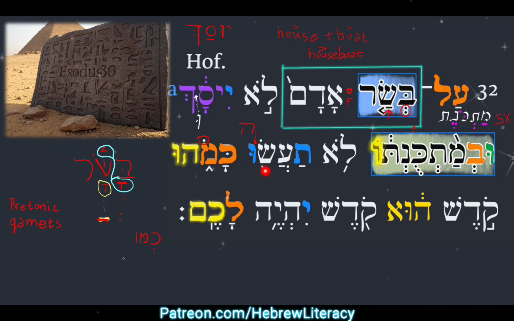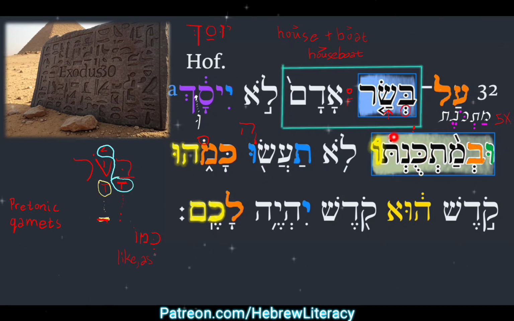Kamohu is like or as. You might know the famous Debbie Friedman melody. Mi kamocha ba'elim Adonai, who is like you among the mighty ones, Adonai, right? Or among the gods, some translate. All right, let's continue on.